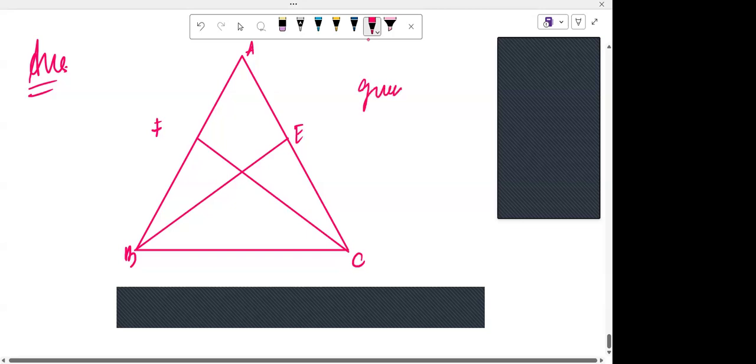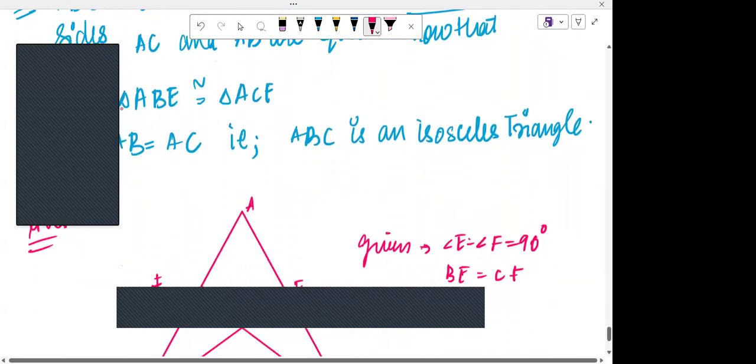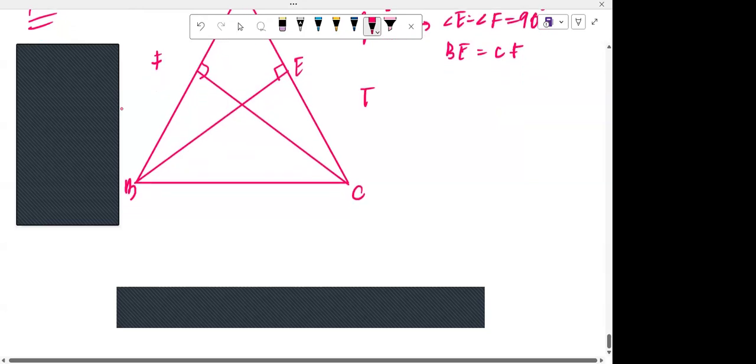What is given in the question? Angle E is equal to angle F is equal to 90 degrees, and BE is equal to CF. You have to show that triangle ABE is congruent to triangle ACF. Okay, so what will be the proof?